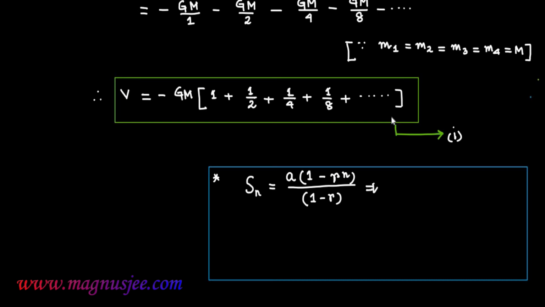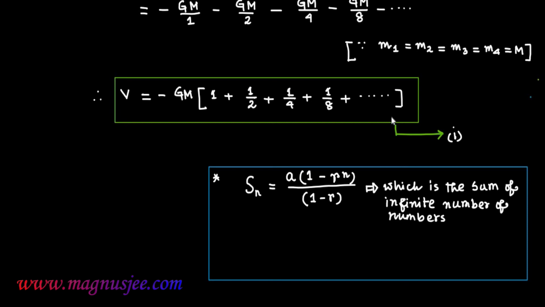Sn equals a bracket open 1 minus r to the power n divided by 1 minus r, which is the sum of infinite numbers of terms, where a is the first term and r is the common ratio.